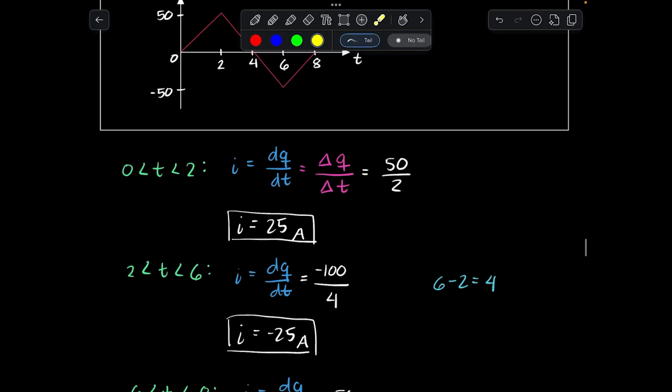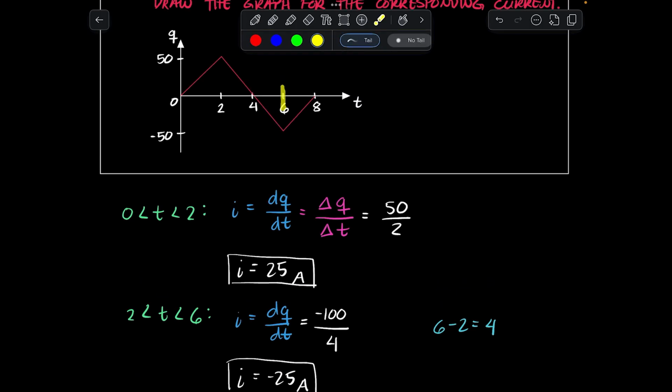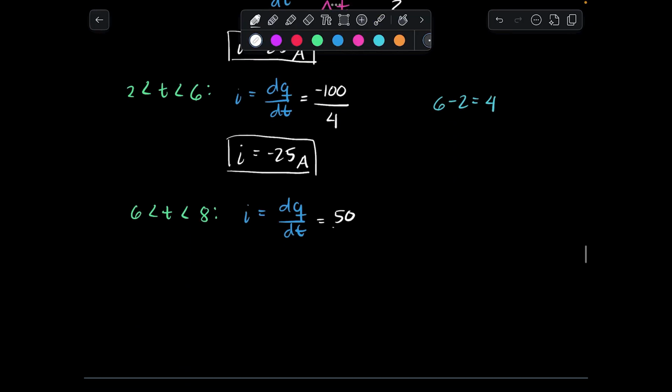And our change in time, since we start at 6 and end up at 8, is going to be 8 minus 6, which is 2 seconds. And so between 6 and 8 seconds, the amount of current flowing through that wire is going to be 25 amps.